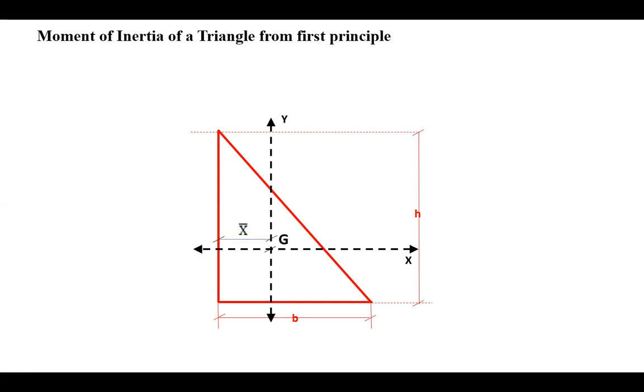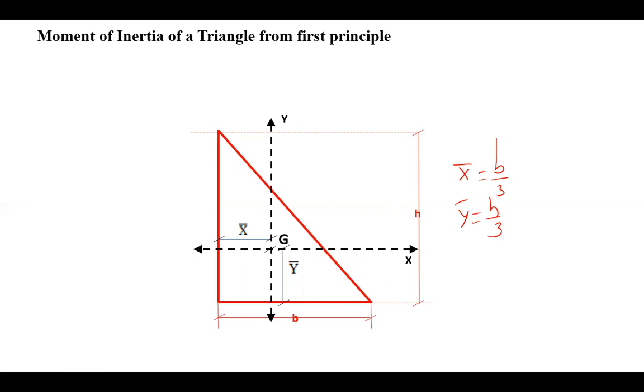Okay, and let us consider x bar and y bar be the distance of centroid from the bases. We know that in this case we have already derived x bar is equal to b by 3, and y bar is equal to h divided by 3 from the base. So those definitions we have derived in the centroid topic.